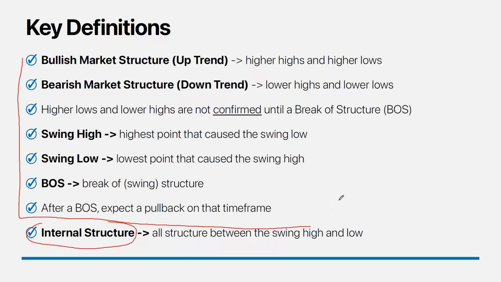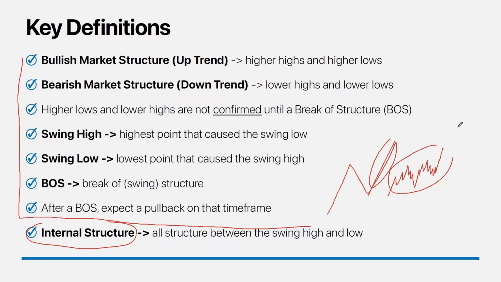As we look at the daily chart, we have the trend moving up. But as the market goes up on the daily scale, on the hourly scale it can go up, come down, go up, come down, and then go up again. So on the hourly scale it can look like that, but on the daily scale it looks very clean. Internal structure essentially is playing around with multi-time frames.